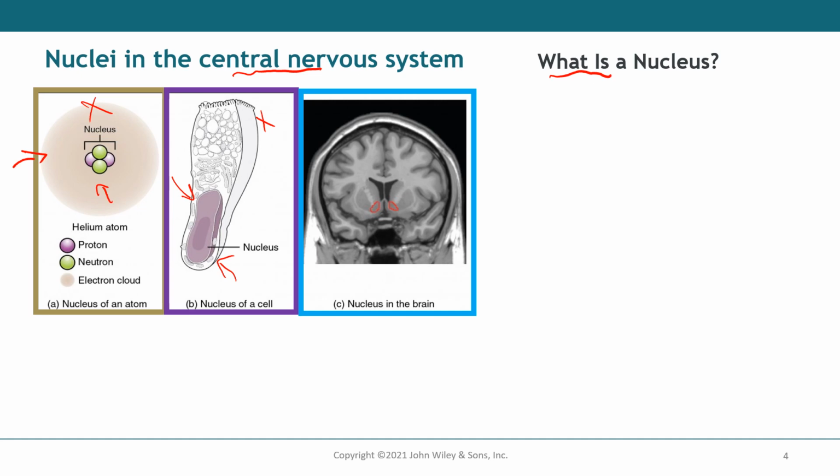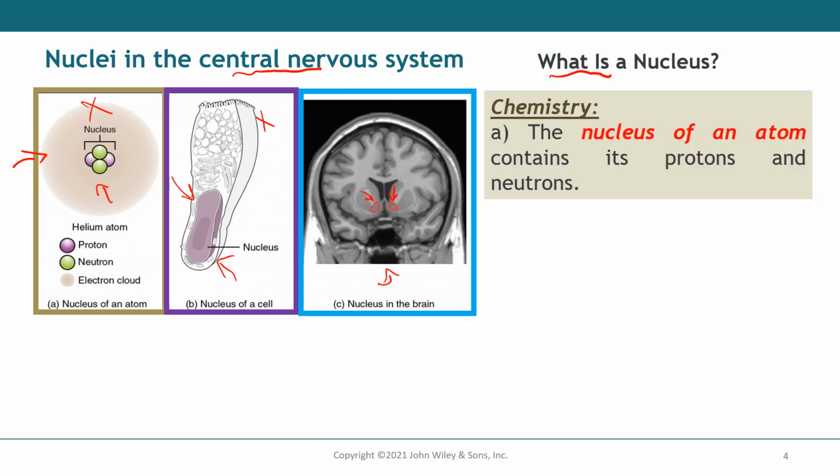In the central nervous system, we are talking about a collection of neurons that have a function. For example, here, these will represent a nuclei and they have a specific function. So remember, in the central nervous system and neuroanatomy, when we talk about nuclei, we talk about a collection of neurons.